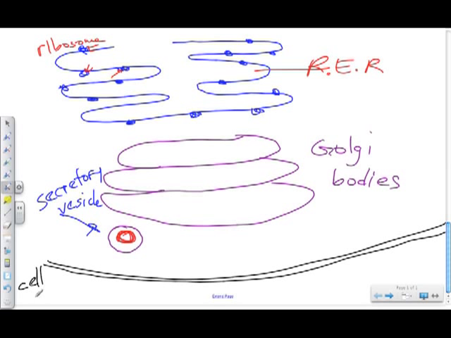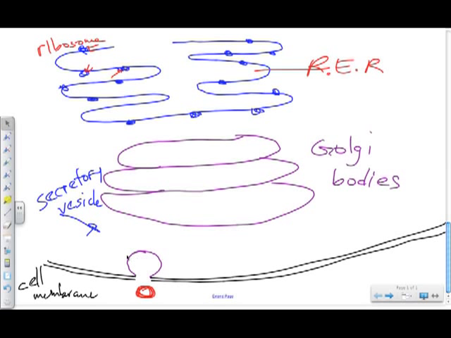It's going to make its way towards the cell membrane, where it's going to bind to the cell membrane, allowing this particle to escape or leave. So this protein is now secreted into the extracellular fluid, the outside of the cell, to go to wherever it is actually needed.